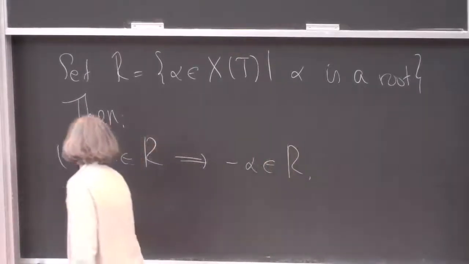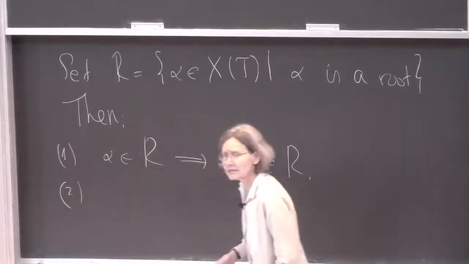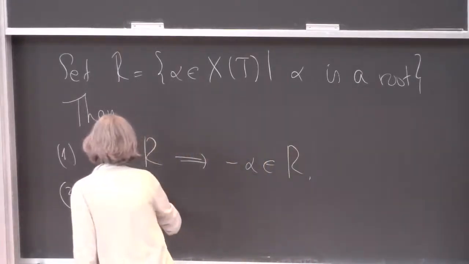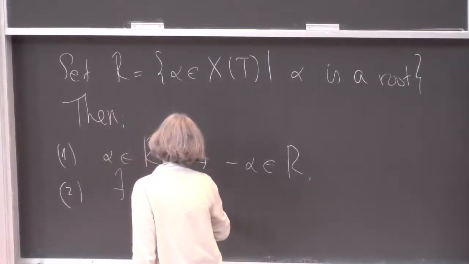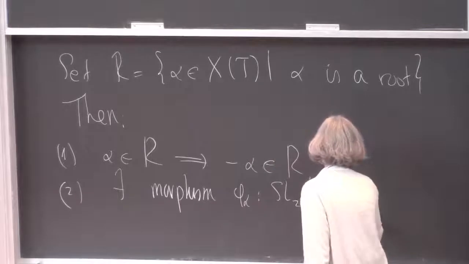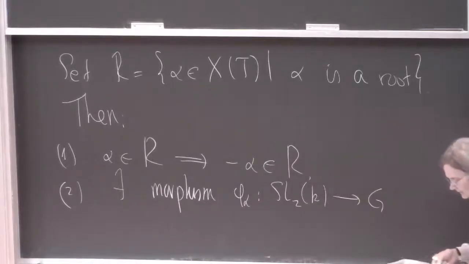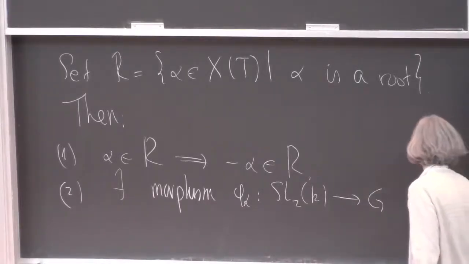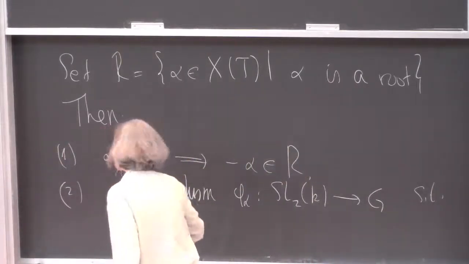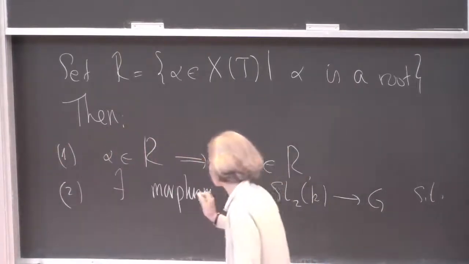A second thing is that there's a map from SL2 into G. There exists a morphism phi alpha from SL2 into G, such that this root group that we found is just the image of the upper triangular matrices, and the negative root group is the image of the lower triangular matrices.